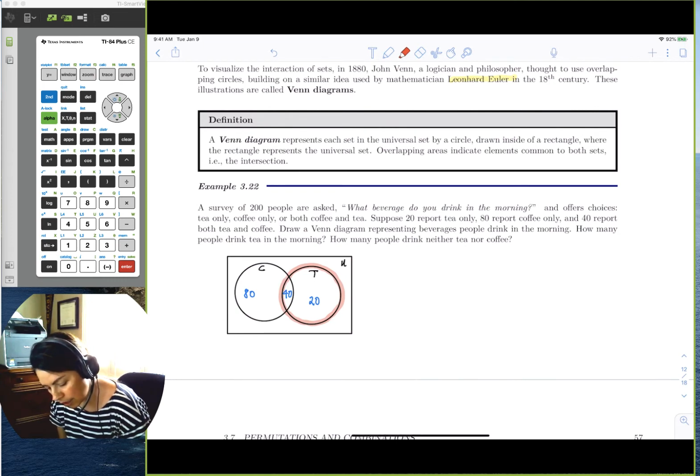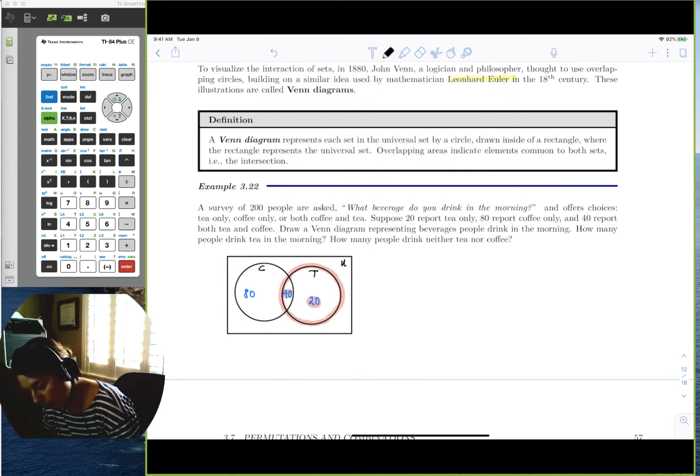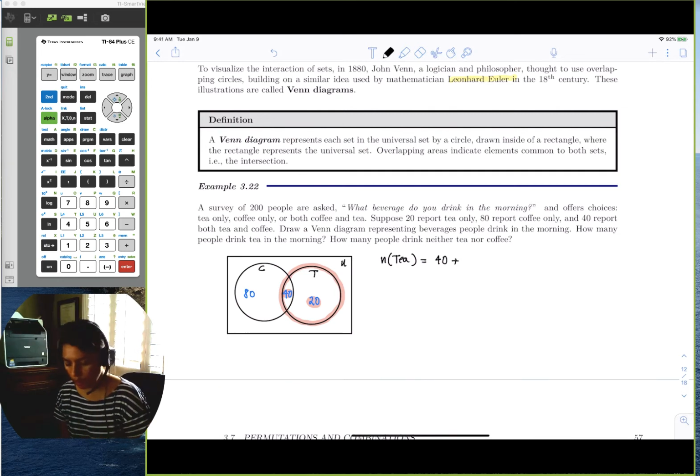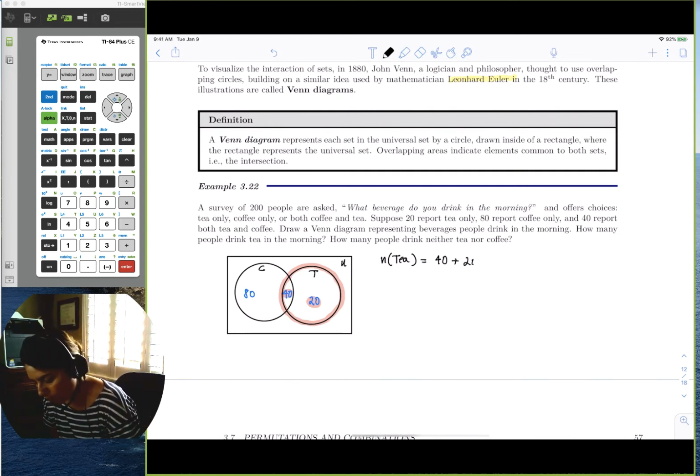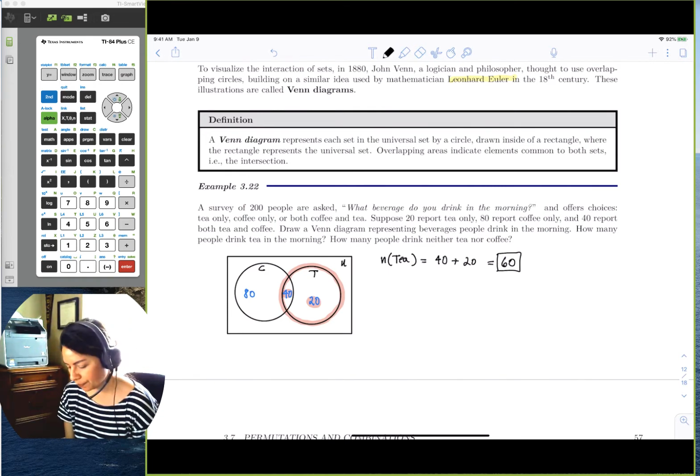And you can see that the 40 and the 20 are both included. So the number of people that drink tea is equal to the number of people in the intersection, because they drink coffee as well but they drink tea too, plus 20, and it's 60. So 60 people in the survey drank tea, whether some drank tea and coffee, but they drink tea.